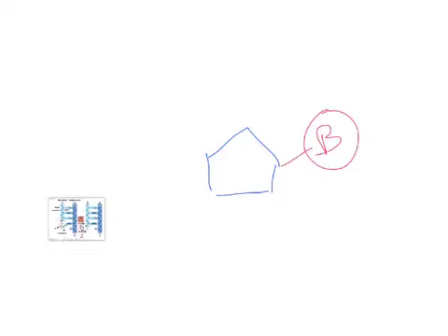So now we can count. 1, 2, 3, 4, and then there's one that comes off of here, which is number 5. And actually, this is an oxygen. So here's your 5 carbon sugar, and off of this 5th carbon is your phosphate groups.